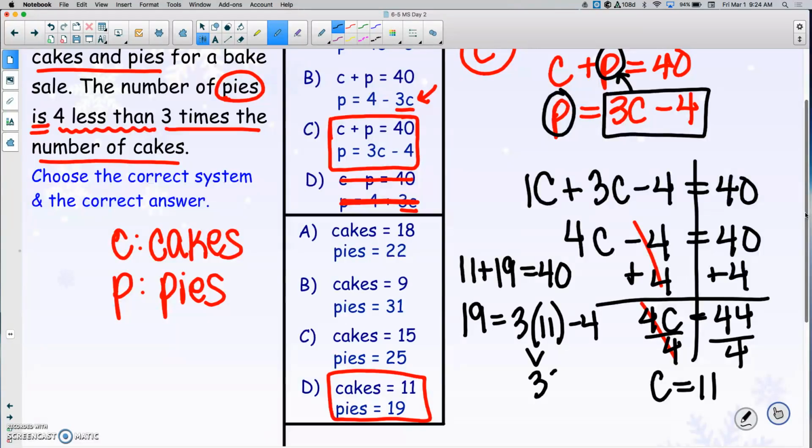So 33 minus 4. Did I just put that in wrong? I did. Okay, I have to fix this for you. This is supposed to be a 29. There we go. So 29 equals 29, perfect. And then the other one, 19 plus 11, I will fix that one. So it's 29. Done.